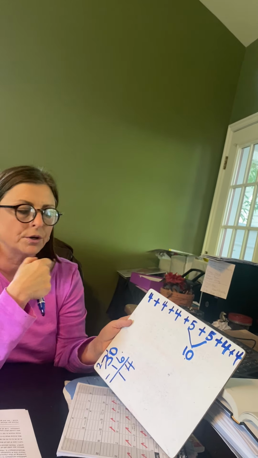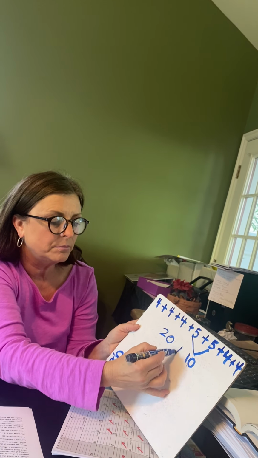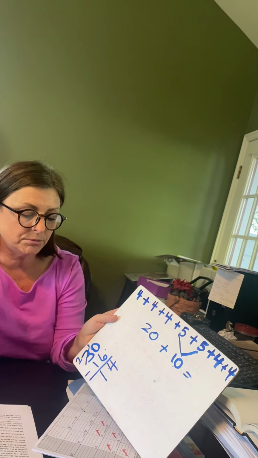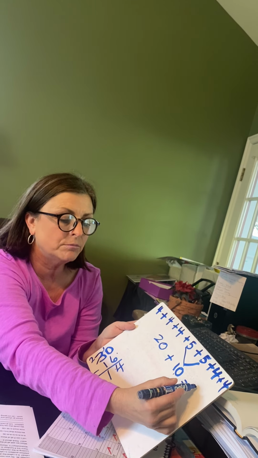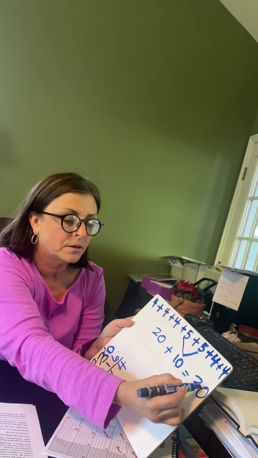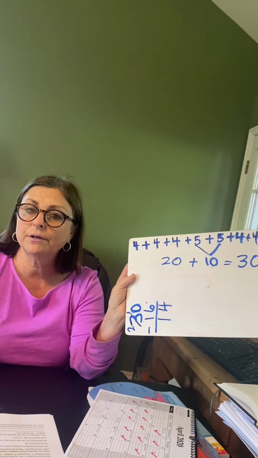And now we could do some skip counting by 4s since all of the other numbers are 4s. 4, 8, 12, 16, 20. So 20 plus 10 equals what, class? What's 20 plus 10? 10 more than 20 equals 30. That's the number of days that we said are in the month of April.